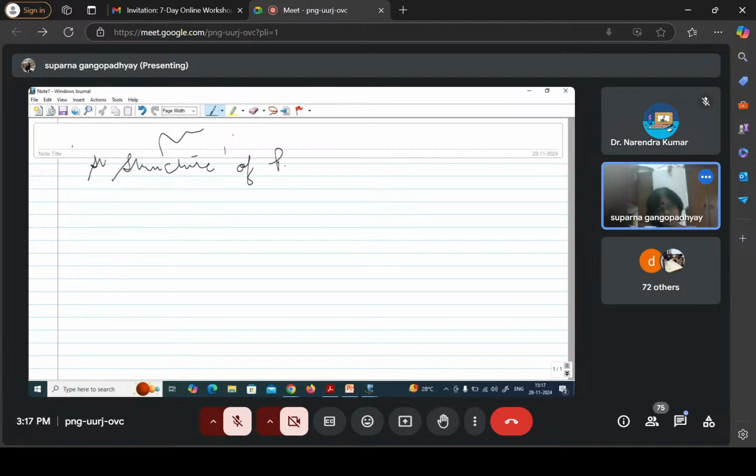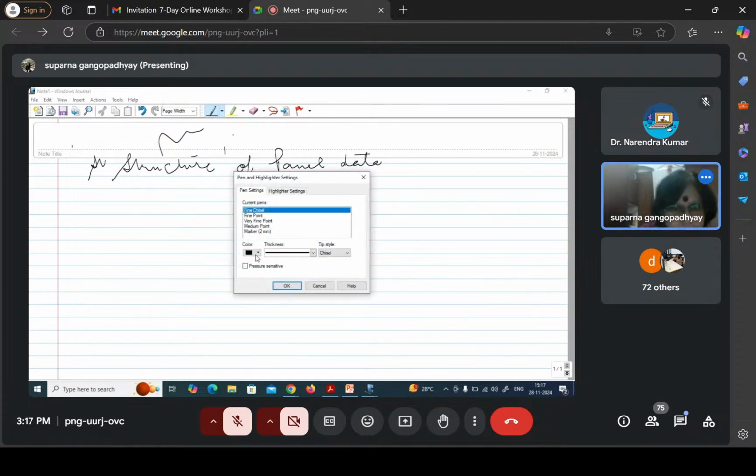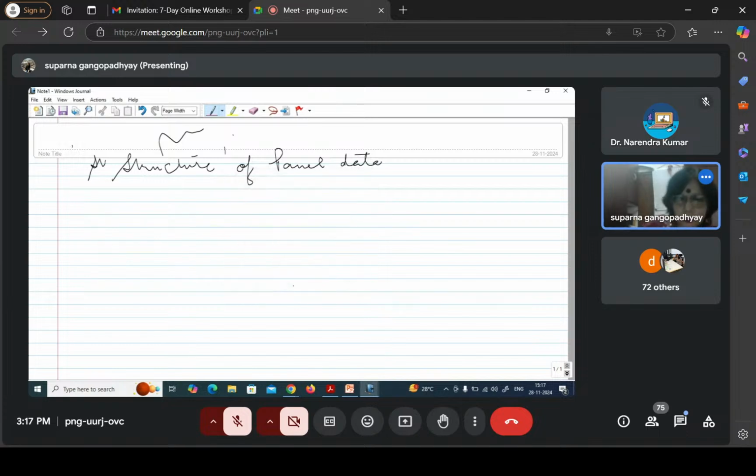Structure of panel data. How do I write the structure? Let me measure time over here and my cross-section unit over here.